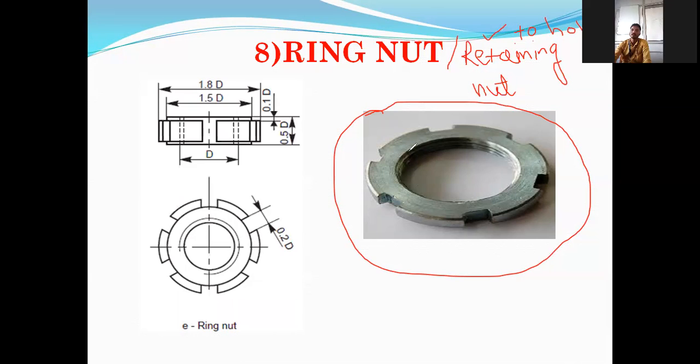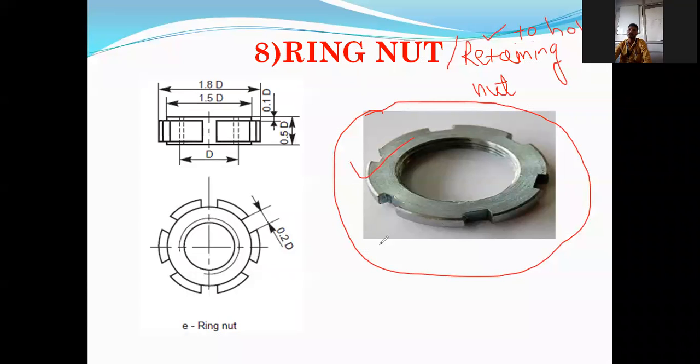Bicycle मध्ये असतात बघा हँडल. In case of a bicycle handle, it is there. Even while connecting the pedal of the bicycle with the body, near the pedal, such types of nuts are there.